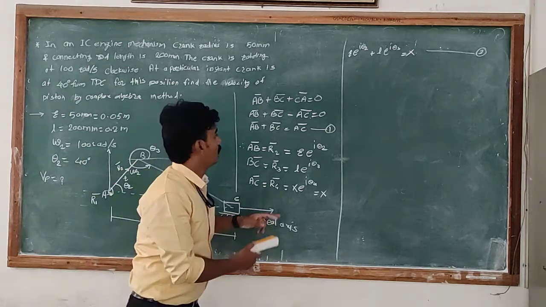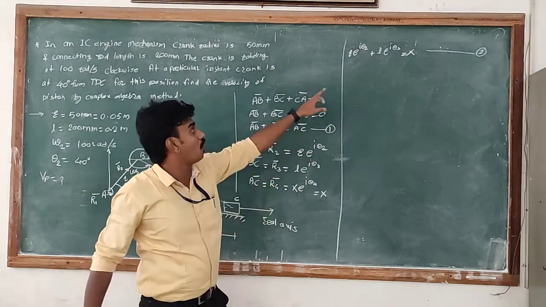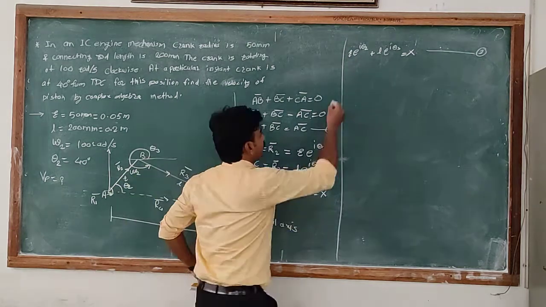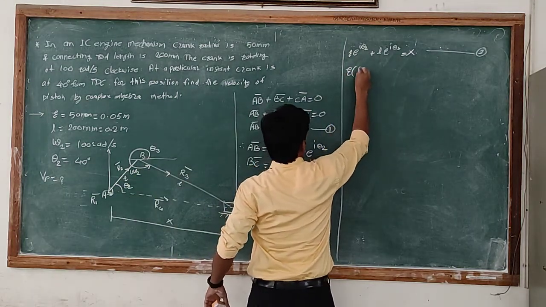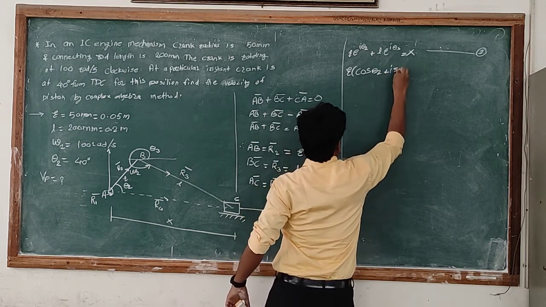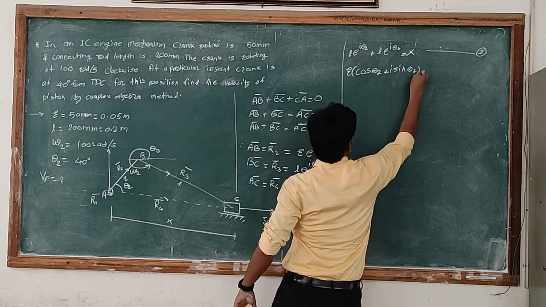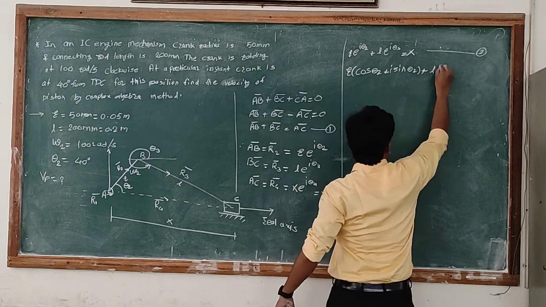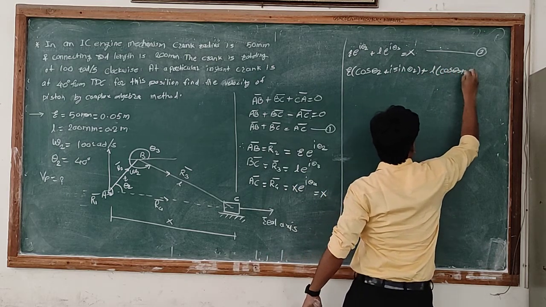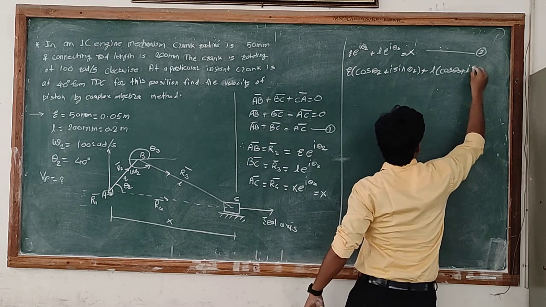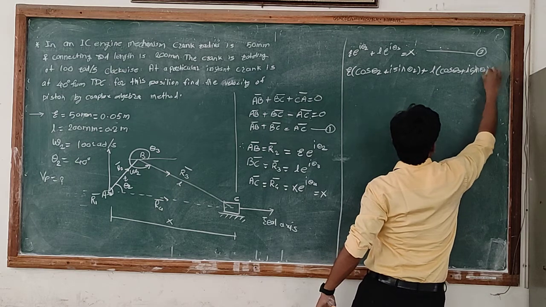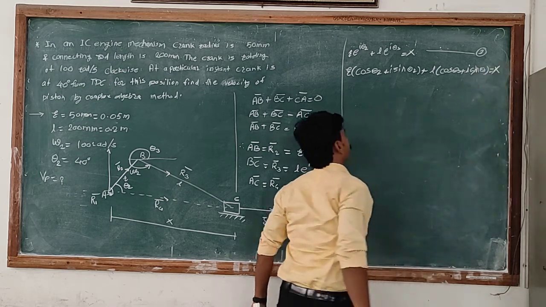What is the value of e raised to i theta 2? It is equal to r into cos of theta 2 plus r into sin of theta 2 plus L into cos of theta 3 plus L into sin of theta 3 is equal to x.